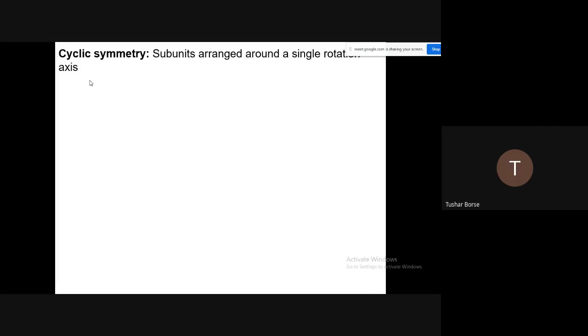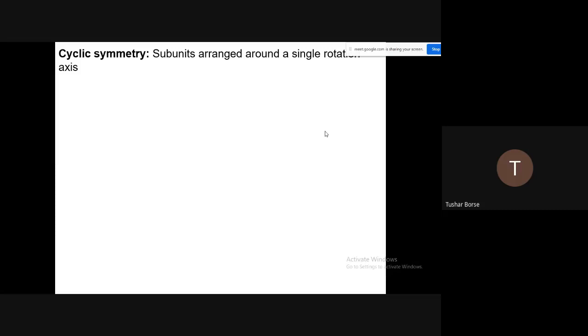At one particular point in the center you may consider an axis of rotation, and around that axis you can easily rotate it. Whenever you rotate this subunit by any angle, you will always get the same type of structure. So there is no variation or deviation in the structure.